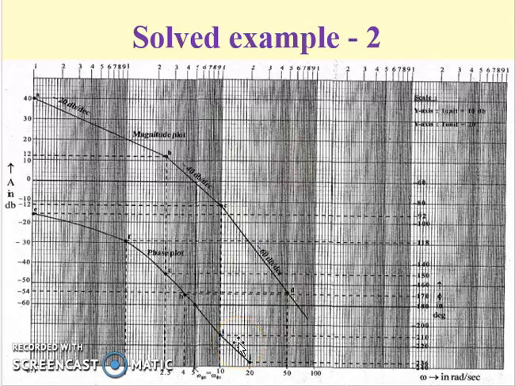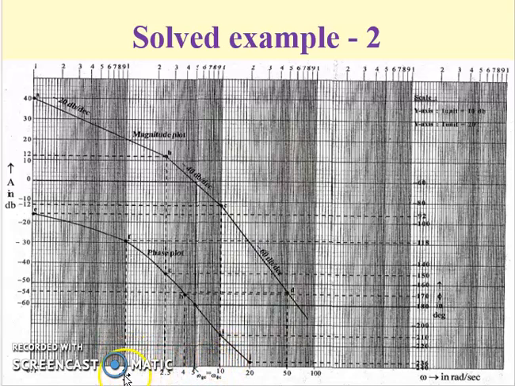We have been asked to find the gain crossover frequency and the phase crossover frequency. As you remember, the gain crossover frequency is where your magnitude plot crosses 0 dB. As you can see, this is the 0 dB line, and this particular frequency is found to be 5, because this is your 1 and this is your 10.